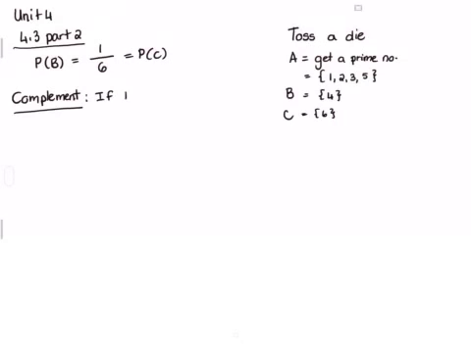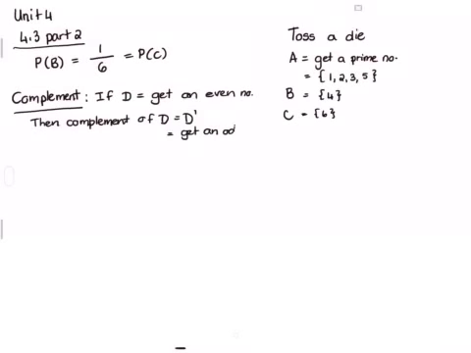If event D is get an even number, then the complement of D, you write as D with a little dash like that, and you read it as complement of D, is get an odd number.